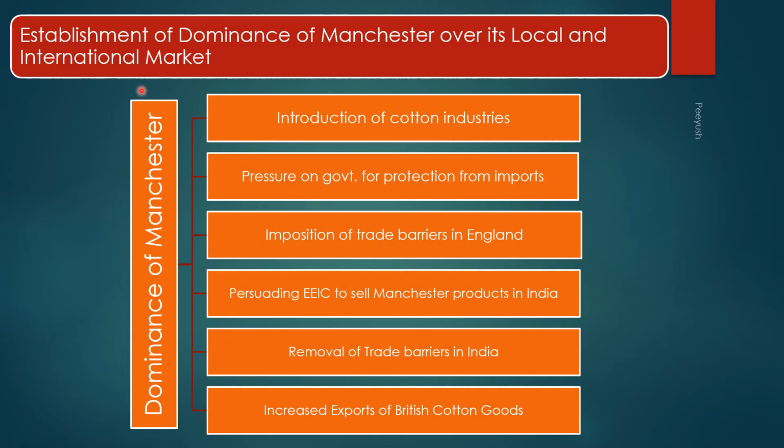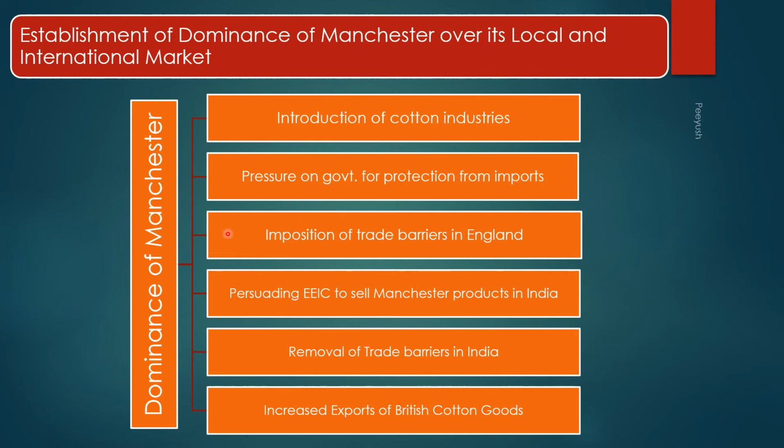Let's understand and gather the keywords for the establishment of dominance of Manchester over its local and international market. So all the keywords are here. How Manchester started dominating the local market as well as the international market. The first thing, introduction of cotton industries. Cotton industries started in Manchester as we discussed. Thereafter, they pressurized the government for protection from imports.